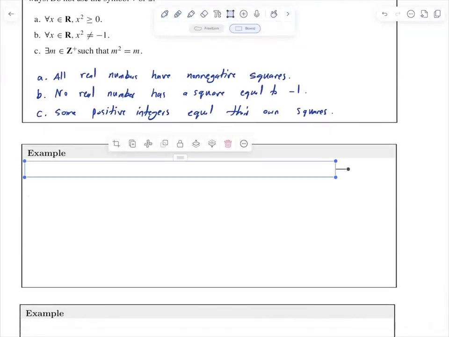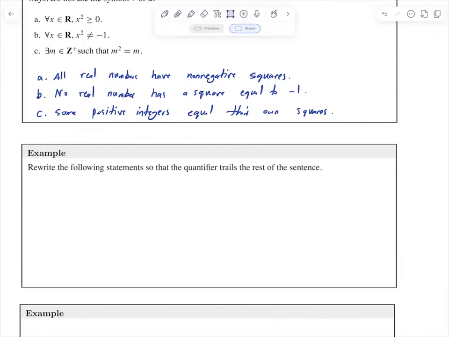Let's take a look at more examples. Rewrite the following statement so that the quantifier trails the rest of the sentence. What do we have here? For any integer n, 2n is even.